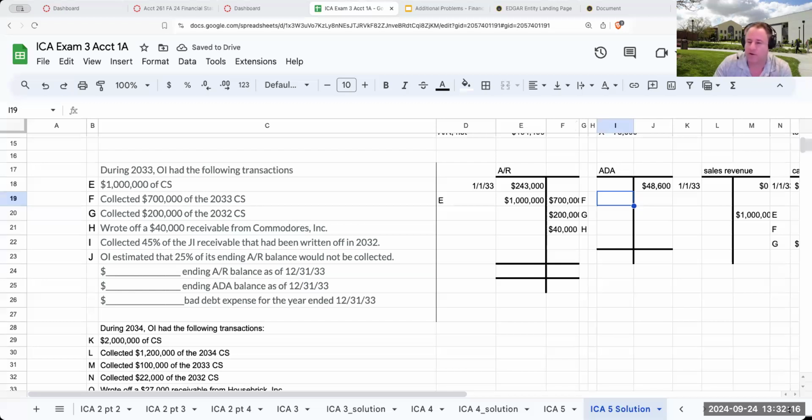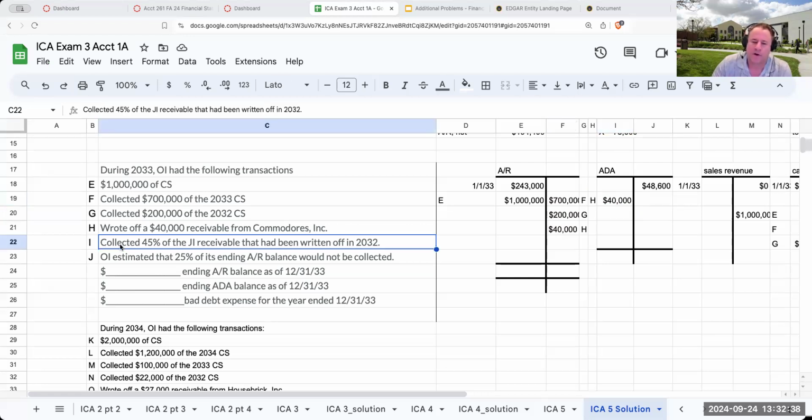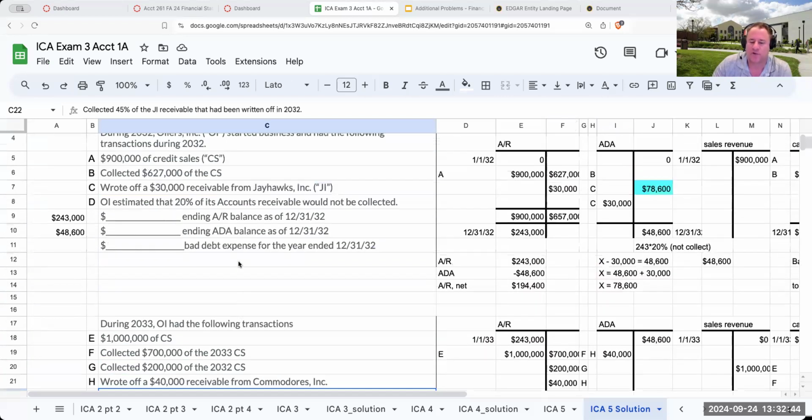And then over here, I'm going to debit the allowance for doubtful accounts for $40,000, right? So when I write off a receivable, I credit the AR, I debit allowance for doubtful accounts. I do not touch bad debt expense until the very end of the period. So that's letter H. Now, for letter I, I collect 45% of the receivable that had been written off in 2032.